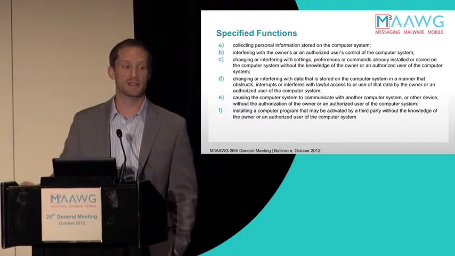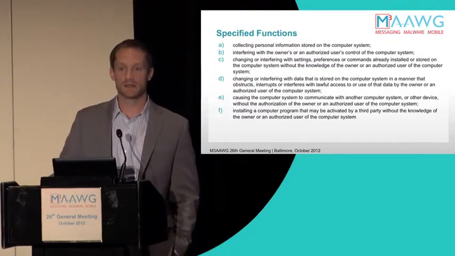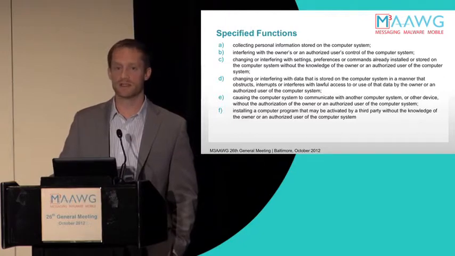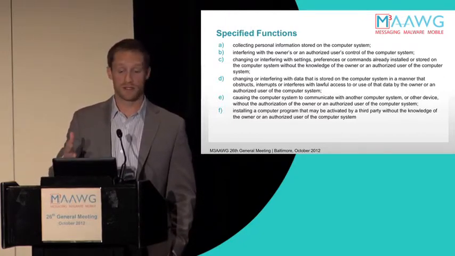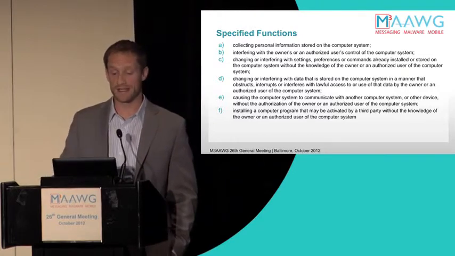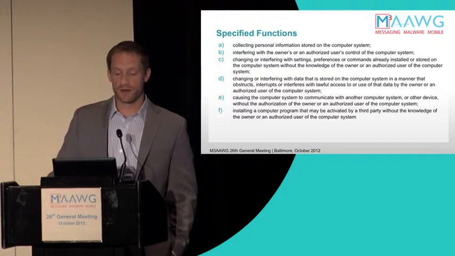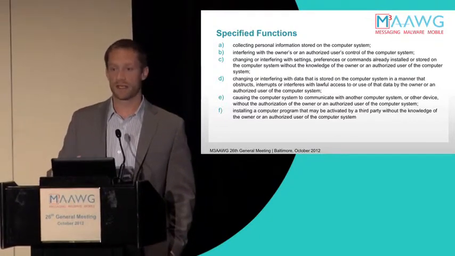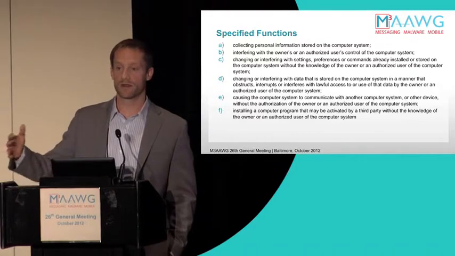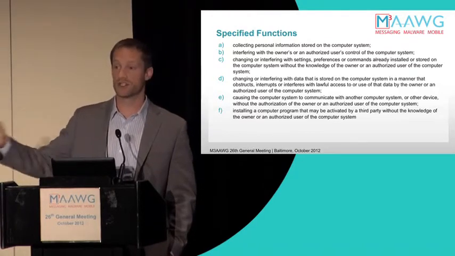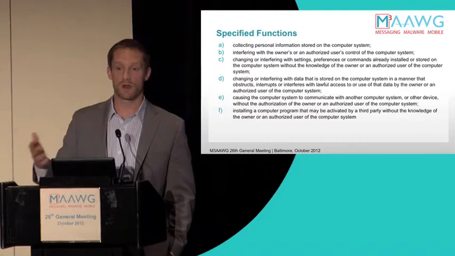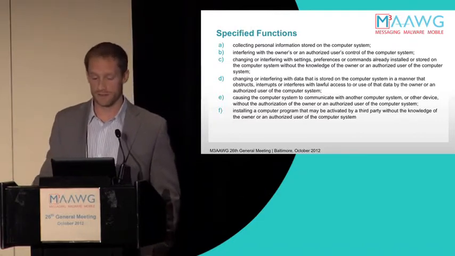I'm not going to go through them in detail, but these are really some of the more nefarious types of functions that we might see in spyware or malware, even though there are legitimate programs that might do some of these things. For example, collecting personal information that's stored on a computer system, interfering with the owner's control of the system, doing things like reaching out and communicating with a third-party computer, or reaching out and installing third-party software without the knowledge or consent of the user.